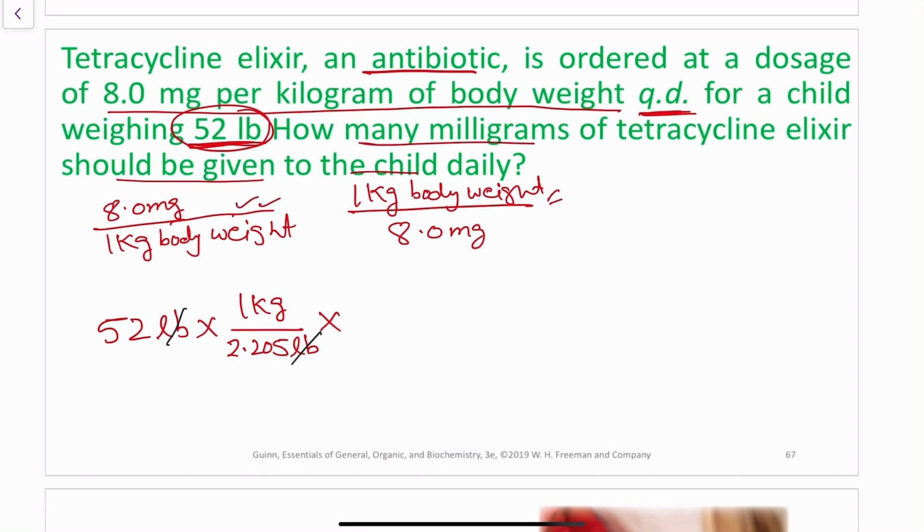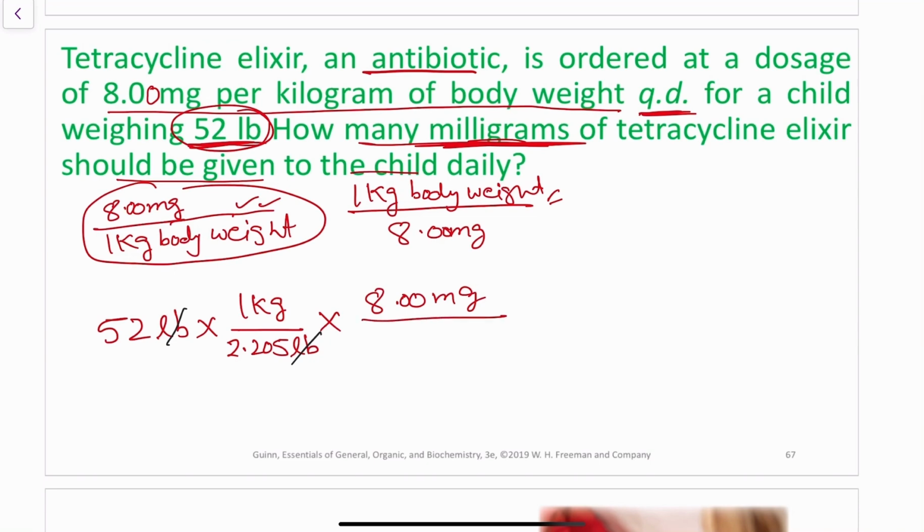We need how many milligrams of tetracycline, so you have to use this conversion factor with milligram on the top: 8.00 milligrams over 1 kg.